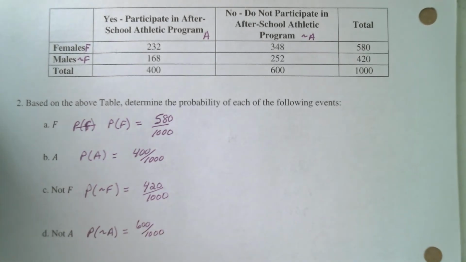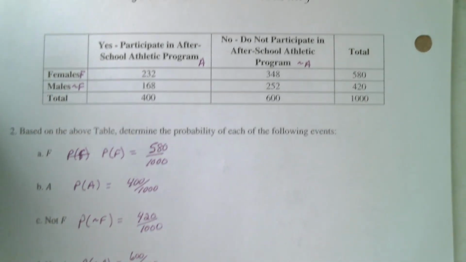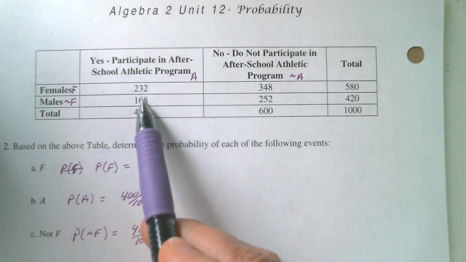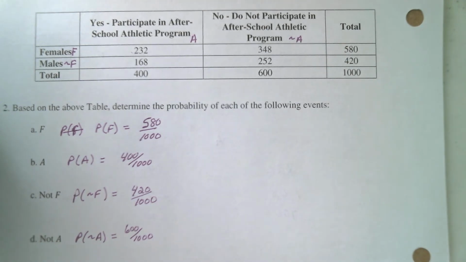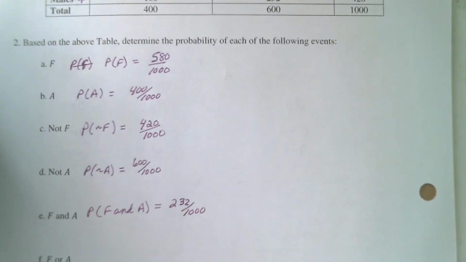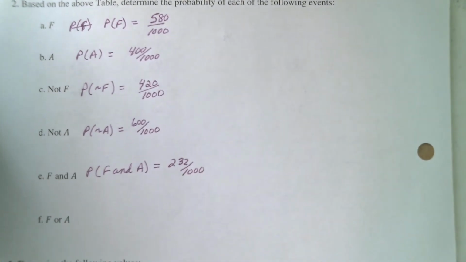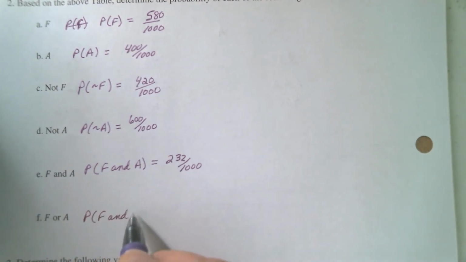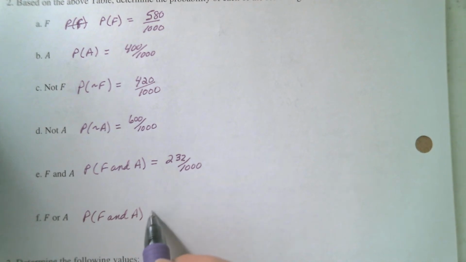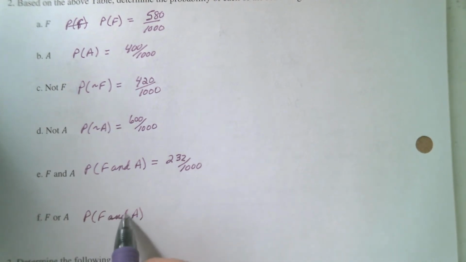Probability of female and participates in athletic program. Okay, so that's the 232 up here. And the probability of female or participates in athletic program.